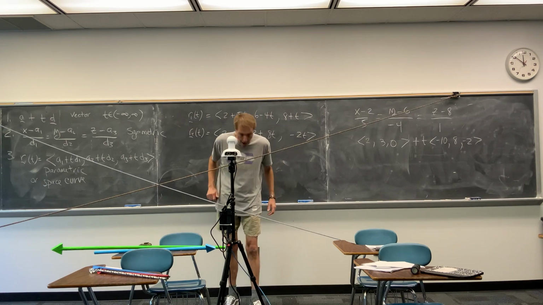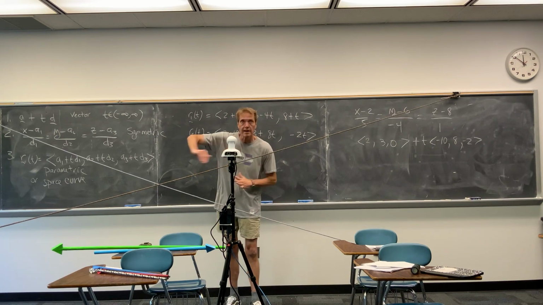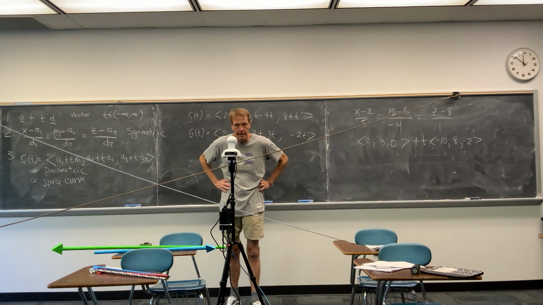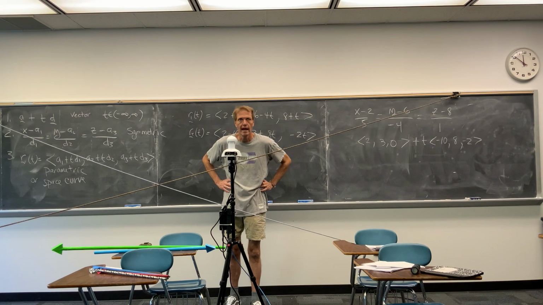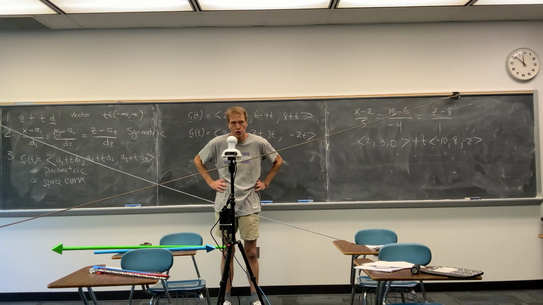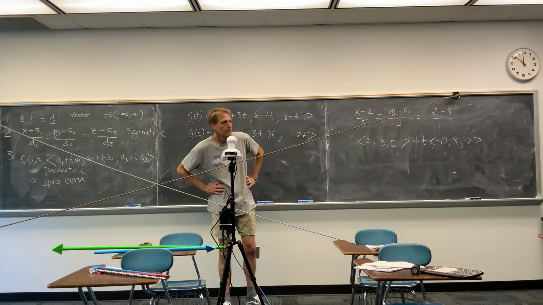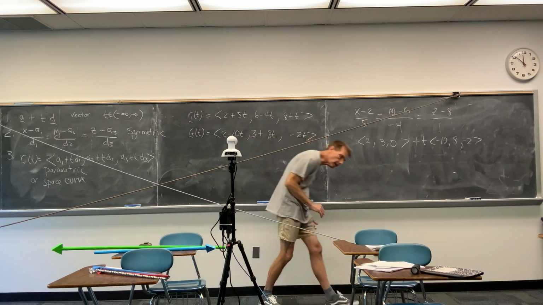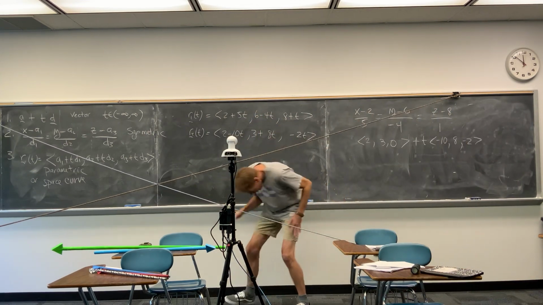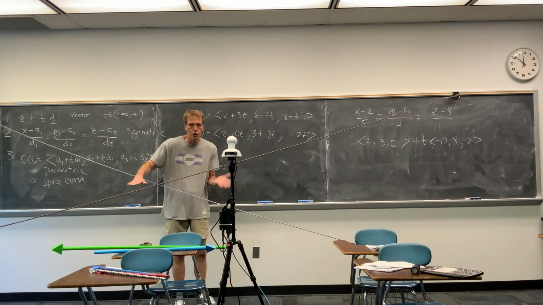If I look straight down on them, they kind of look like they're making an X. When two lines do not intersect and they're not parallel, we call them skew. S-K-E-W. Skew. So my two lines in my classroom, my brown line and my blue line, are skew lines.